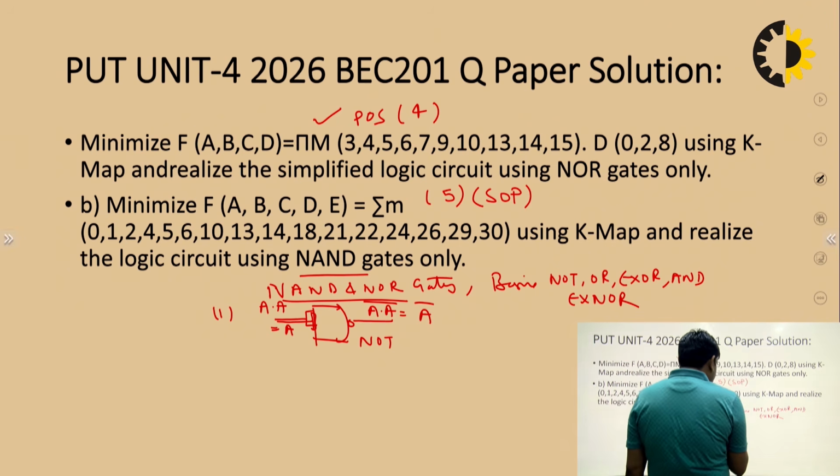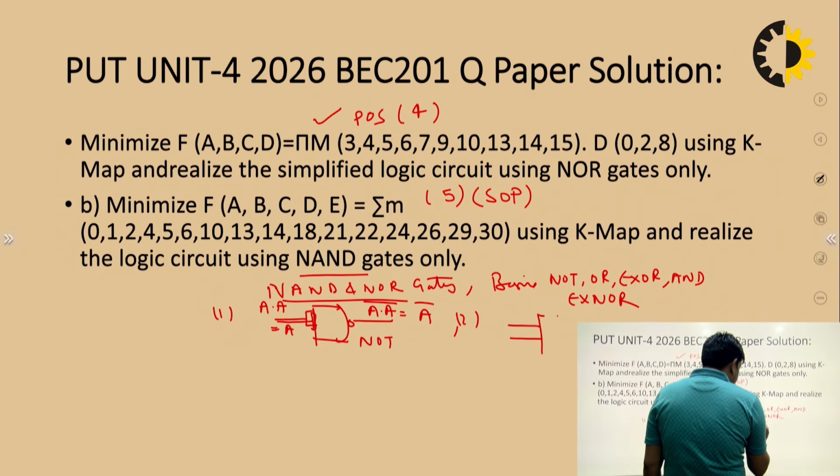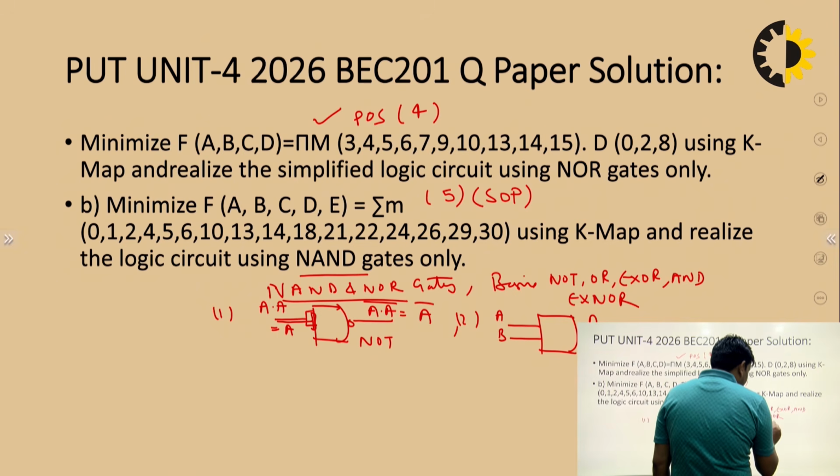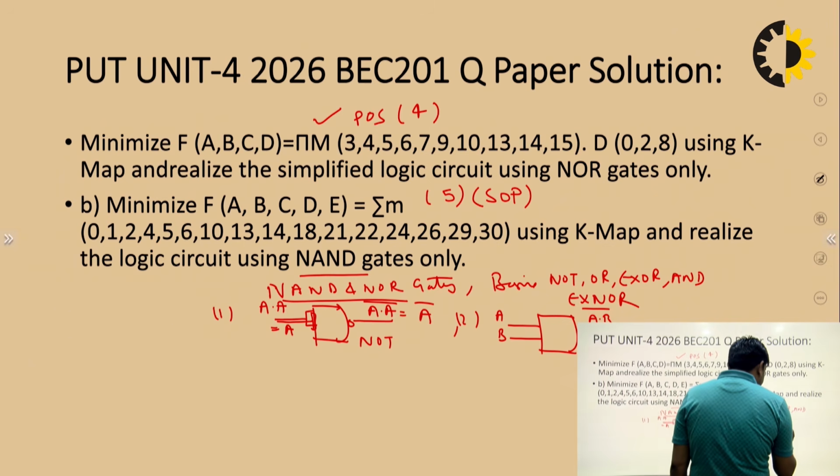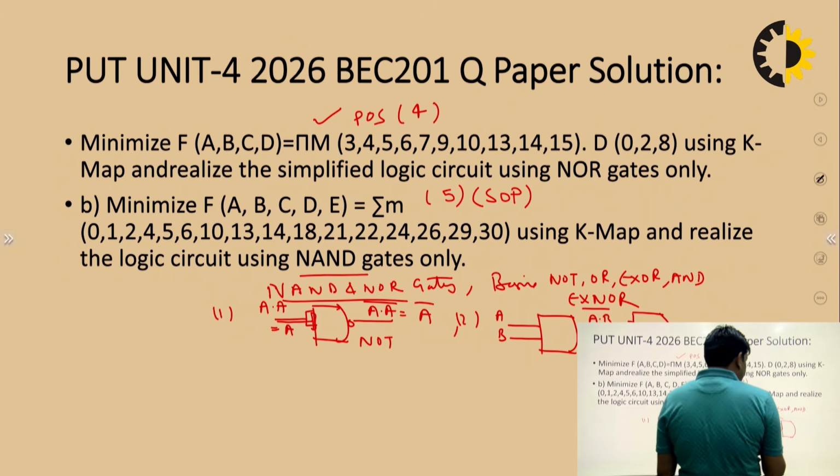The second is how we design a NAND gate to act like an AND gate. This is the symbol of the NAND gate, and these are the inputs A and B. The output of the NAND gate is the complement of A dot B. Then we design a NAND gate as a NOT gate.